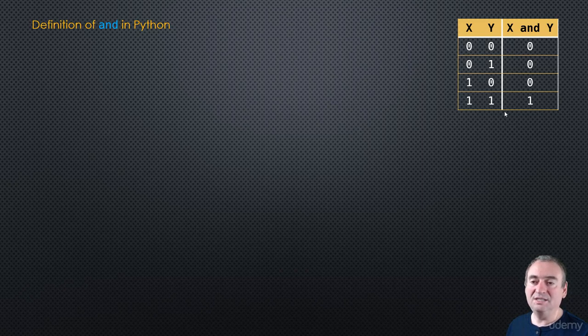You'll notice that these two, the 0, 1, 0, 1 match here, and the 0, 0, 0, 0 match here. So if you think about it a little bit, you can probably come up with a definition yourself, which is if x is false, return x, otherwise return y. All right? So let's take a look. So x and y, if x is falsy, return x, otherwise return y.